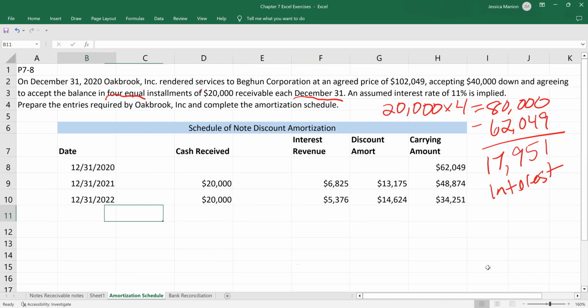Okay. Now we get to year 3, 12/31/2023. They're making another $20,000 payment to us. Again, interest is based on that carrying value. The carrying amount now is 34,251 times that 11% implied interest. Interest revenue is 3,768.